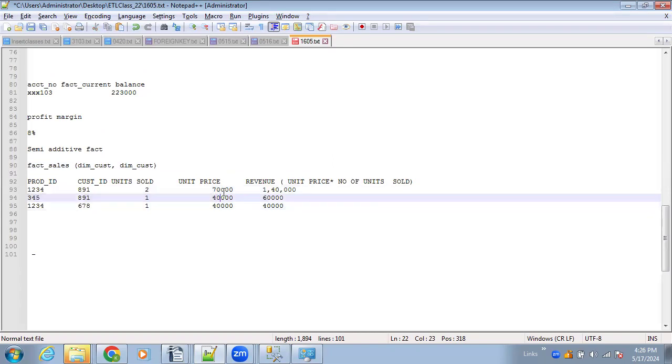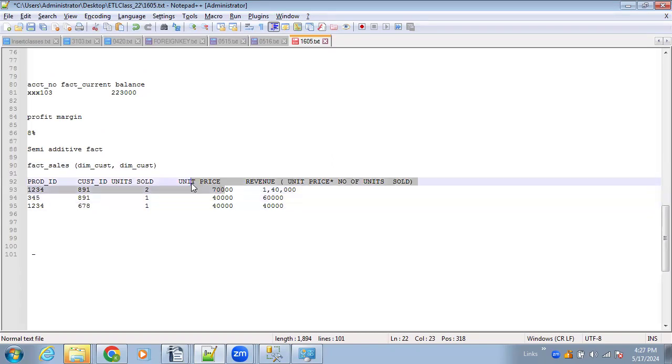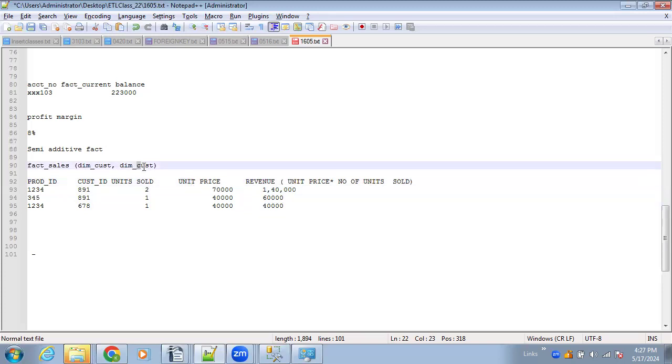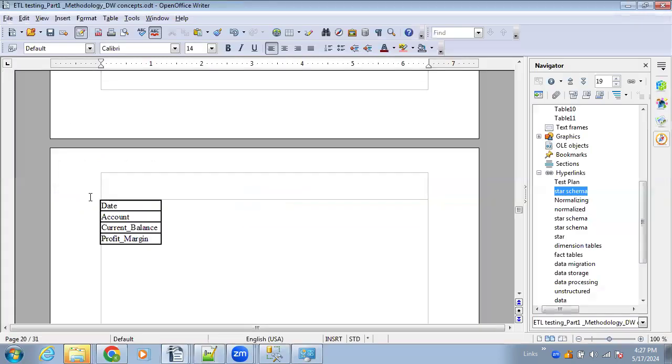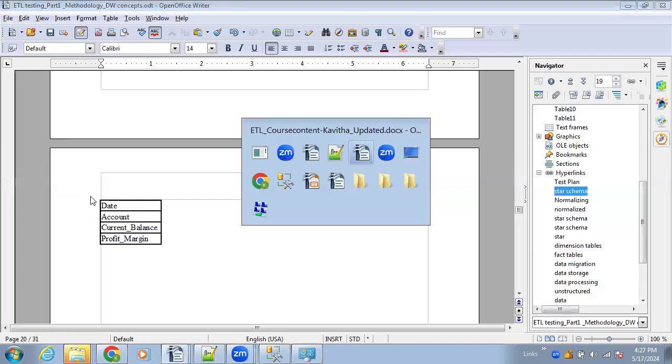We are only considering the product table summation. Product table dimension summation only we are using, but we are not using the customer summation. So only a few of the dimensions are involved in summing up, which is known as a semi-additive fact.